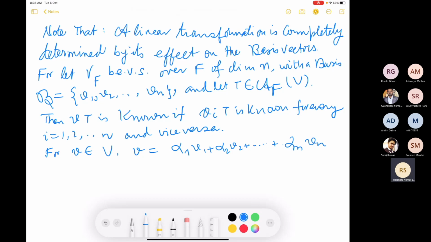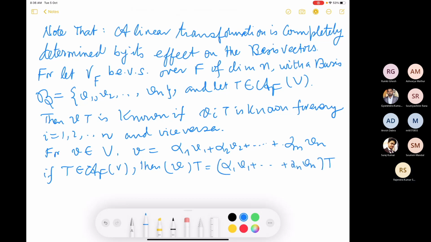And if v is a linear combination and T is a linear transformation, then vT is basically (alpha 1 v1 plus ... plus alpha n vn)T, which is the same as alpha 1 v1T plus ... plus alpha n vnT.